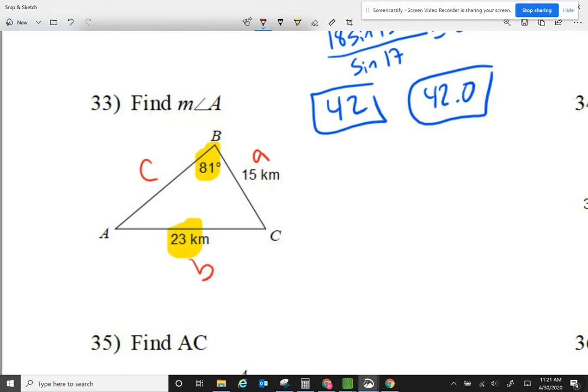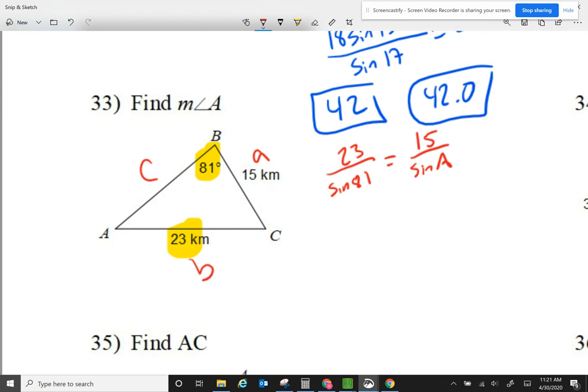So I'm just going to say that 23 over sine of 81 is equal to 15 over sine of A. I have no idea what angle A is. That's what I'm solving for.